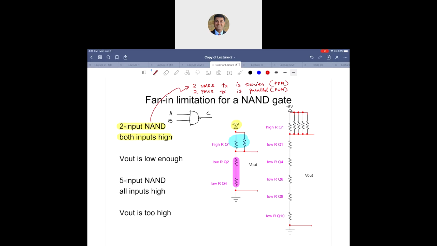The question on the chat box is, why is the transistor represented as a resistor? We are not representing the transistor entirely using a resistor. We are just representing it in the two extreme cases. If you have an open circuit, we have used the transistor to indicate an open switch.